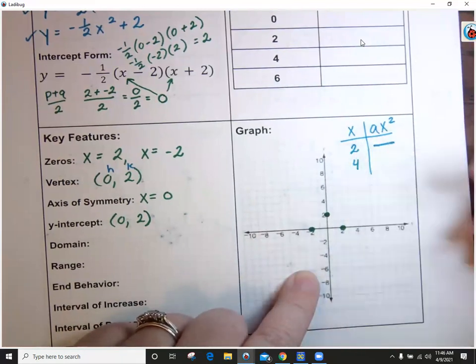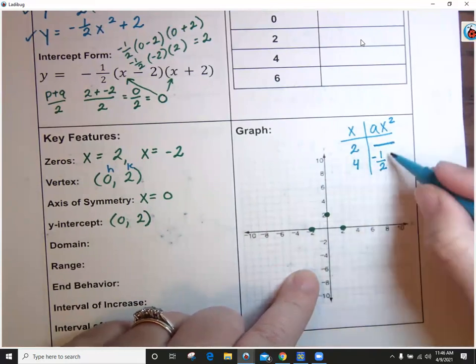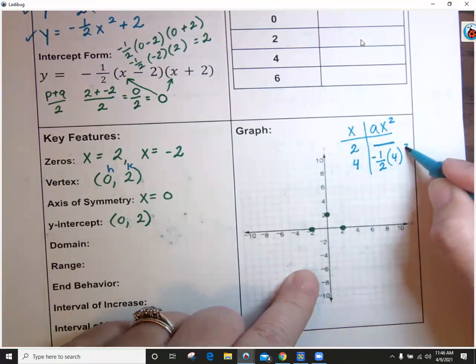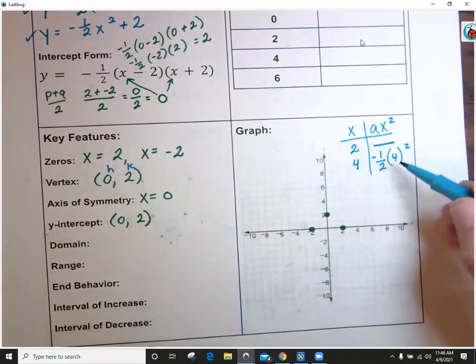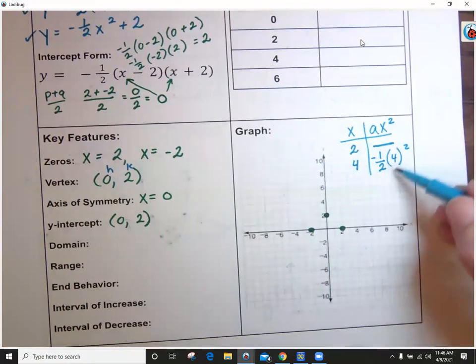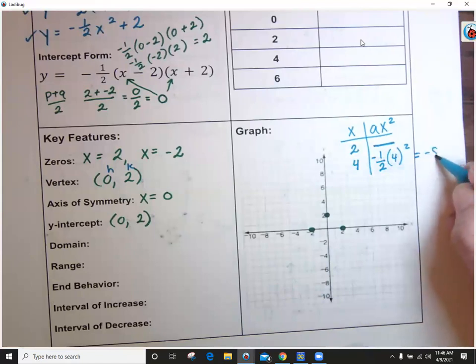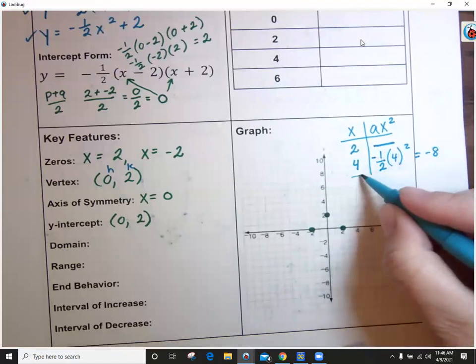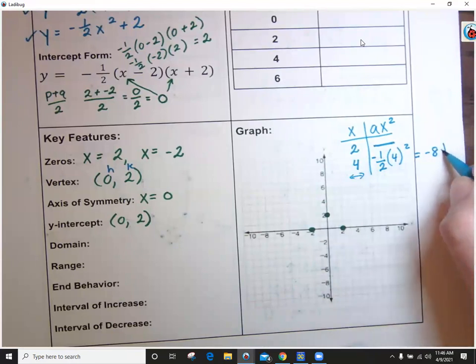So you use the a value from your equation, which was -1/2. And then you plug in the move that you chose, and then you work this out. So you would say 4 squared is 16. 16 times -1/2 is -8. And what that says is when you make a horizontal move of 4 away from the vertex, you need to go down 8.